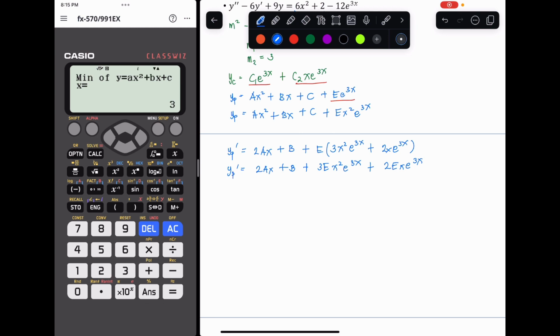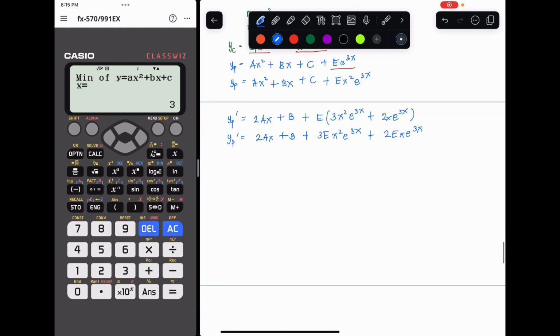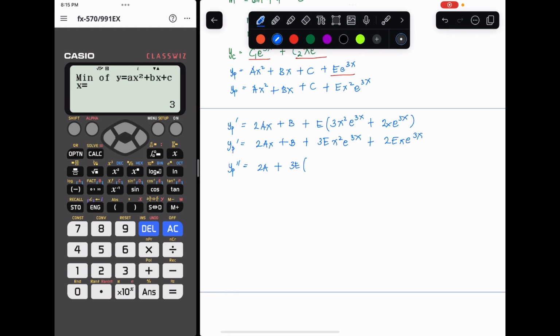And now we need to find the second derivative. So yp double prime will be 2a, the derivative of b is 0, and then plus, I'll move out 3E as a constant. The derivative of x squared e raised to 3x is the same as the previous one, so I'll just copy the term within the parentheses: 3x squared e raised to 3x plus 2x e raised to 3x.